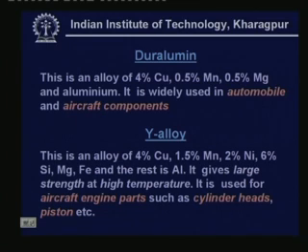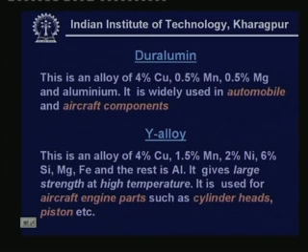It is widely used in automobile and aircraft components. Aircraft components are based on this aluminium sort of products because the weight has to be lower for a better design, considering the type of application: it has to fly.